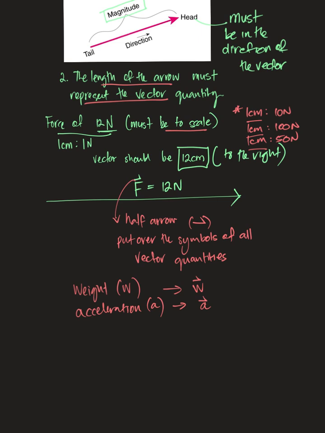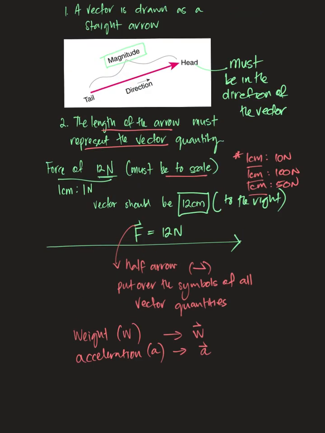So, I know that the head must be an arrowhead, and that must point in the direction of the vector. So to the left, to the right, we're going to talk about that now. The end here is called the tail, right? We're going to do some diagrams, and the size and length will tell me what's being represented.